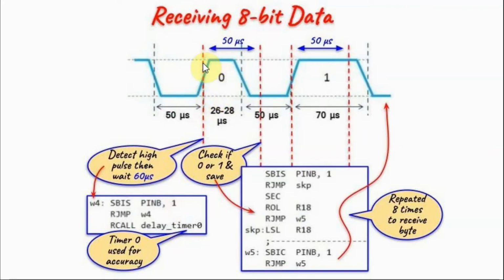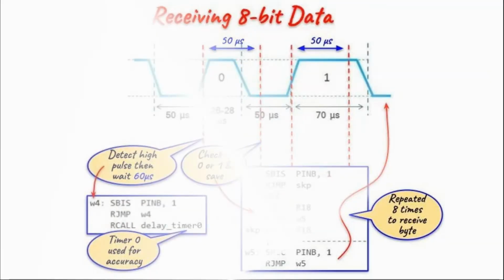The microcontroller detects the high pulse by using this indefinite loop. Once the high pulse is detected, then a delay of 50 microseconds is applied. And timer 0 is used here to apply the delay for its high accuracy.